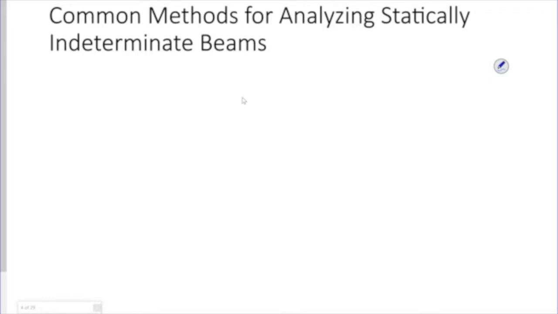So we're going to talk about two different methods. The force and flexibility method, which is what we're going to learn in this class, and then the displacement or stiffness method. And let's first talk about the force flexibility method.